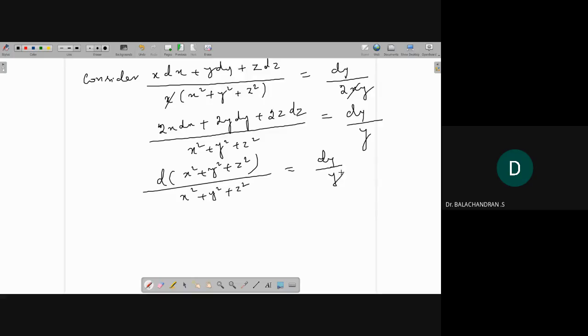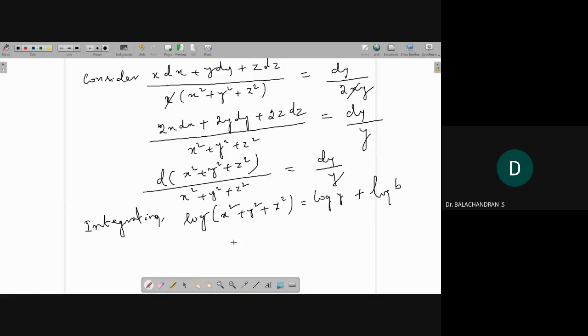Now if we integrate both sides, we get log of (x square plus y square plus z square) equal to log y plus some arbitrary constant log b.